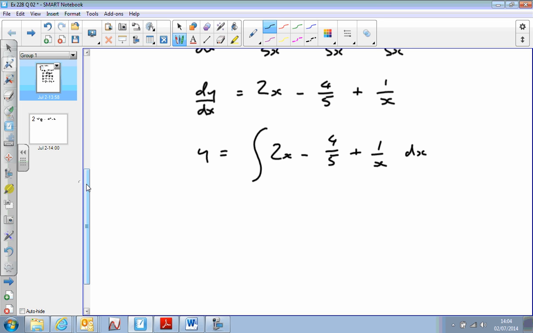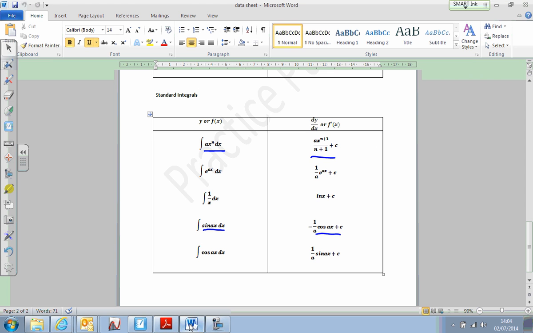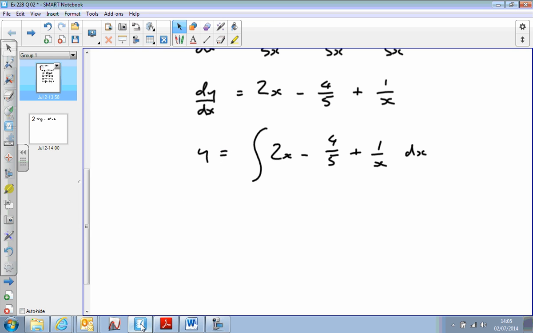So again, I use my table of integrals, or I remember what the standard integral is in this particular case. If we look at the table of integrals, the one we're interested in now is the 1 over x term, which becomes log x. So I've got y equals integral 2x, add 1 to the power, divide by the new power, x squared, minus 4/5.